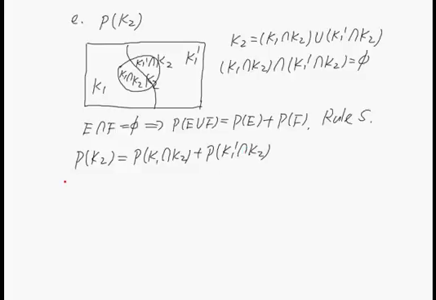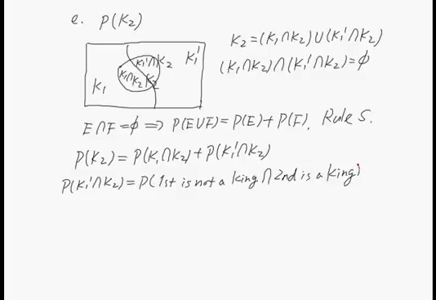This is the probability of the intersection of these two events: the first is not a king, intersection, the second is a king, right?